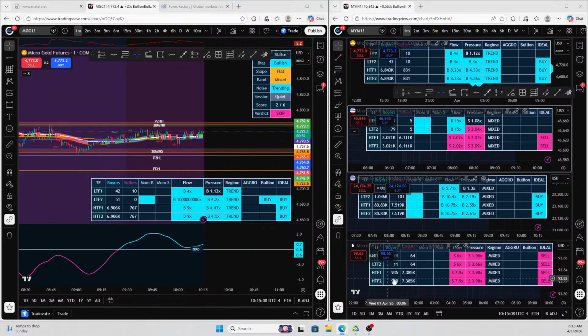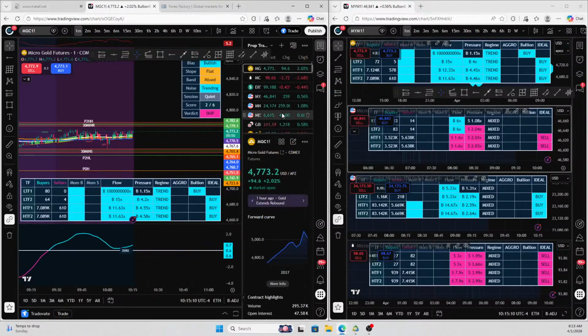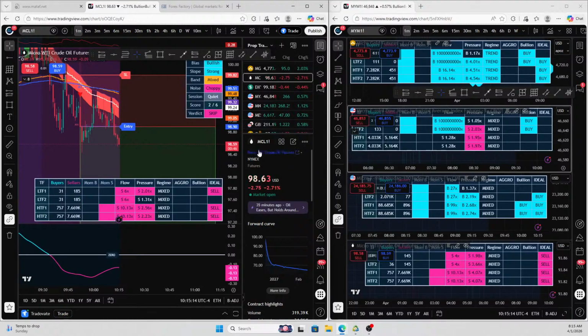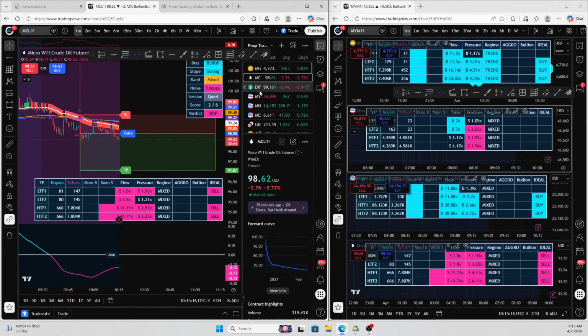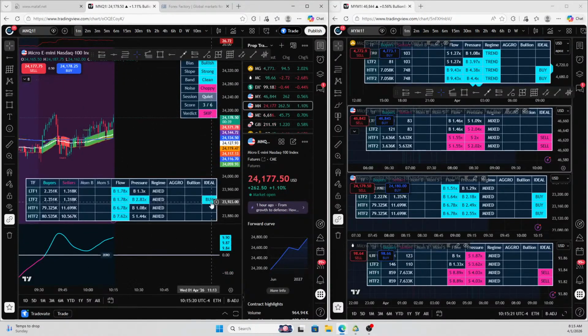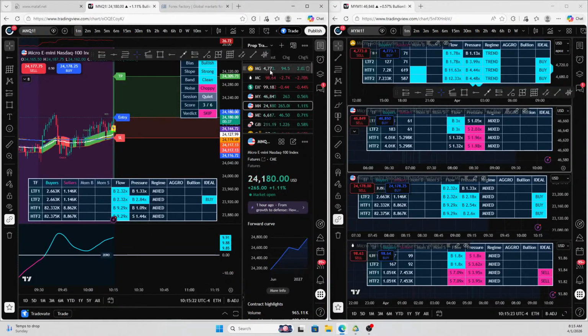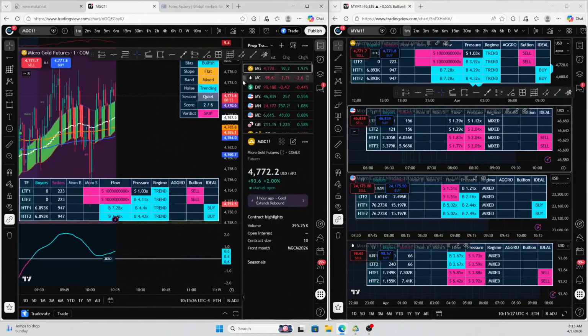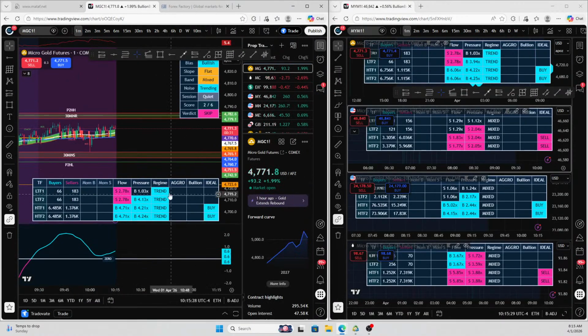Okay, we're seeing oil starting to drop. MNQ pushing up. And then we should see gold getting a lot of volume as well, but right now we don't see anything.